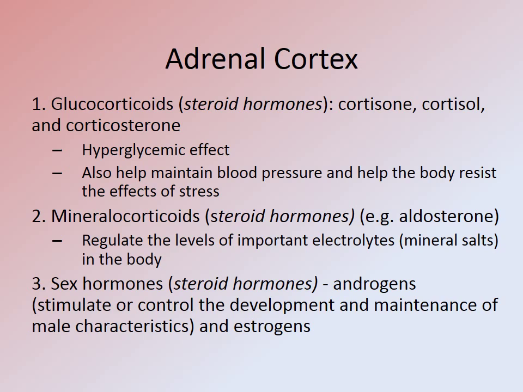And the last one, the sex hormones, called androgens, stimulate or control the development and maintenance of the male characteristics, and that's specifically the definition for androgens. And then also the estrogen.